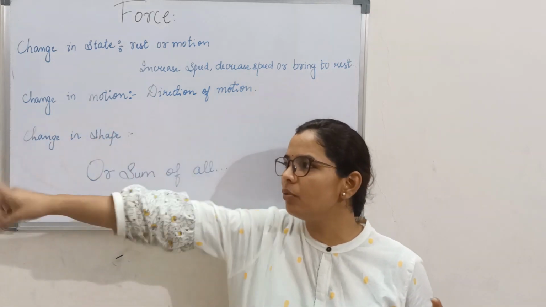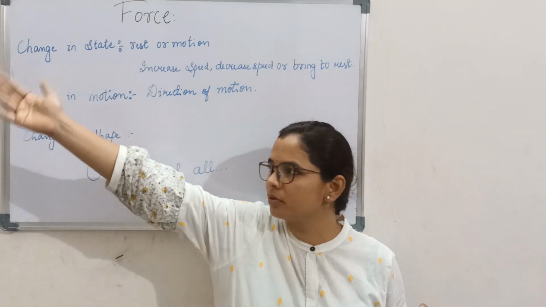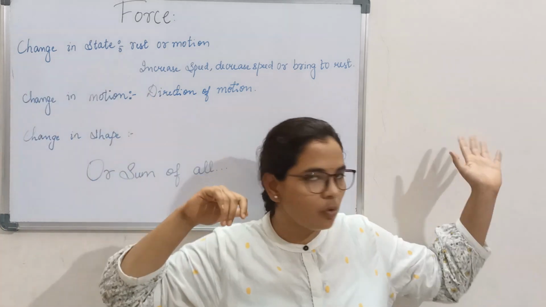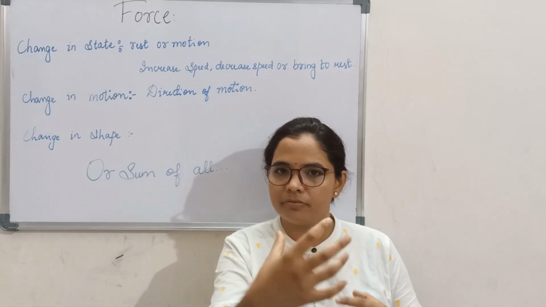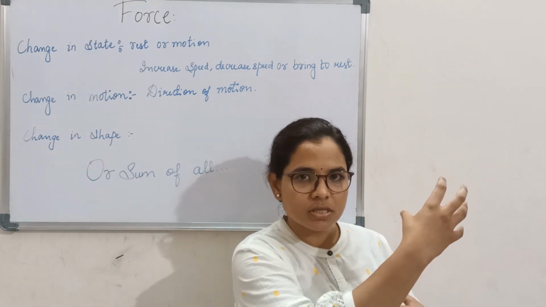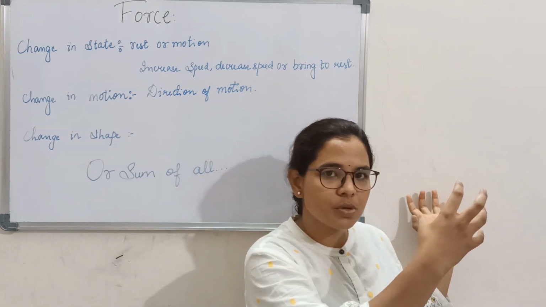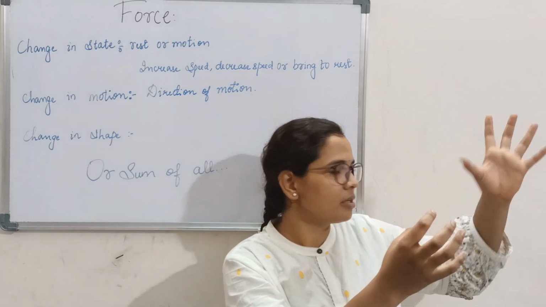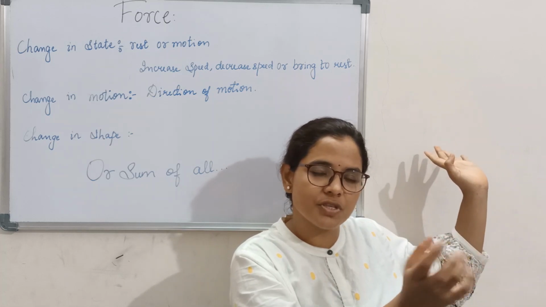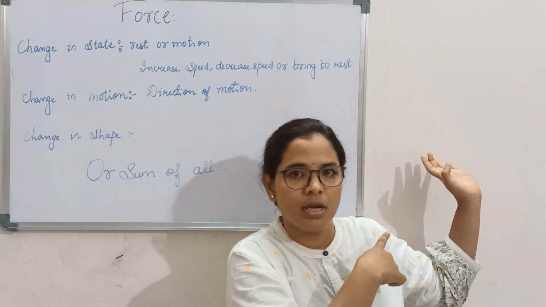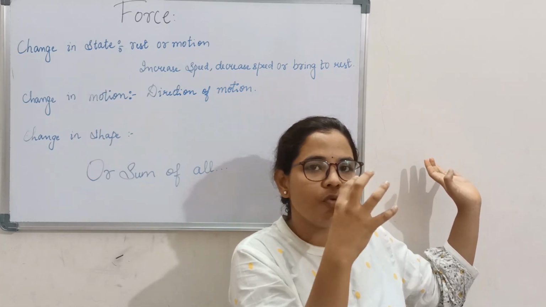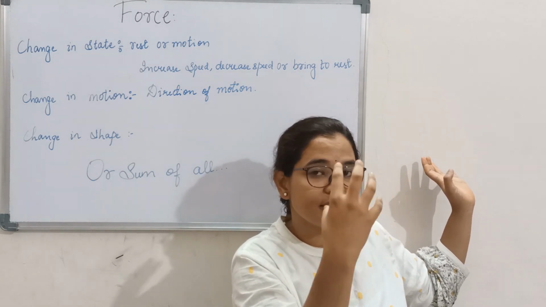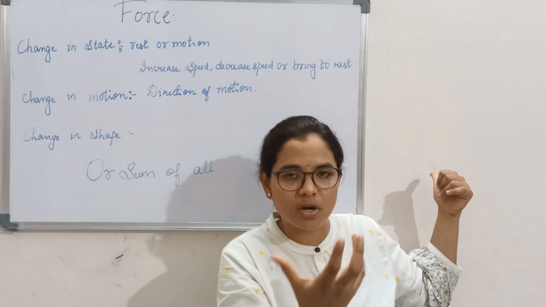Consider if I hit a ball on this wall, then what happens? If the ball is coming in this direction, the force of the wall makes the ball change the state of its motion. In the sense, it doesn't continue in this direction. It would have continued if the force of this object was greater than the force of the other object, but that is not happening.